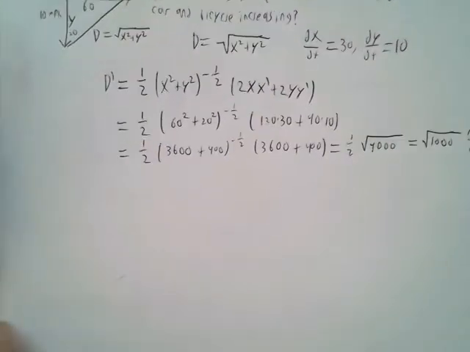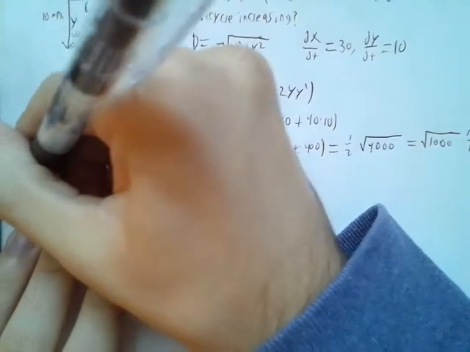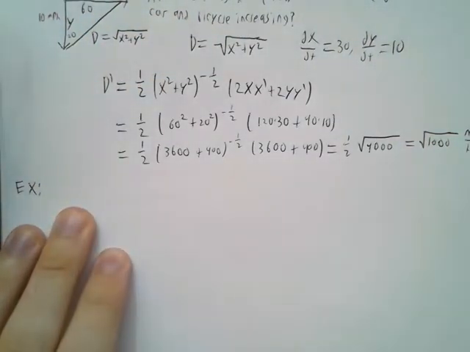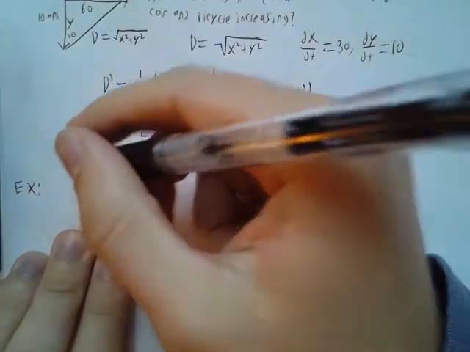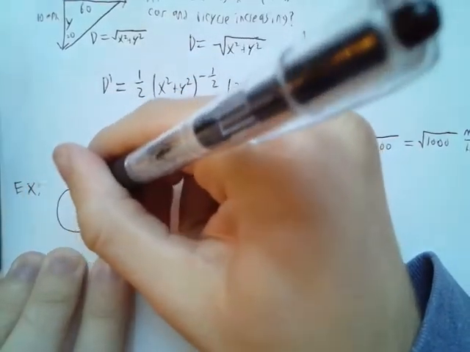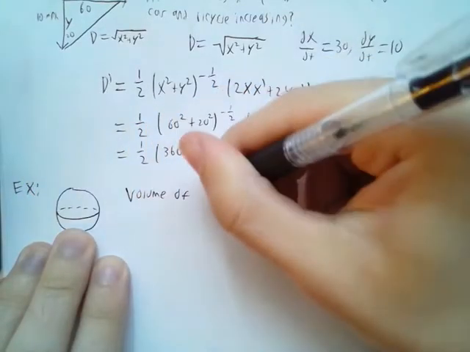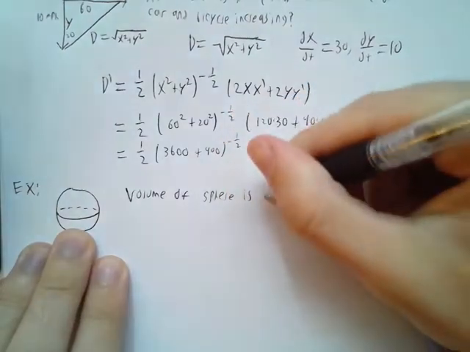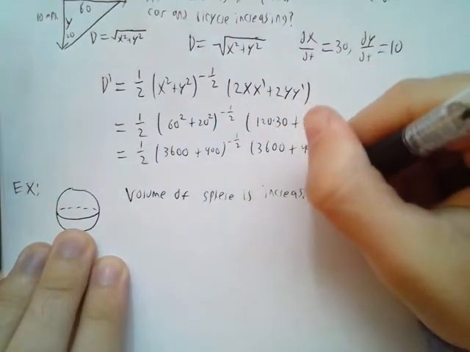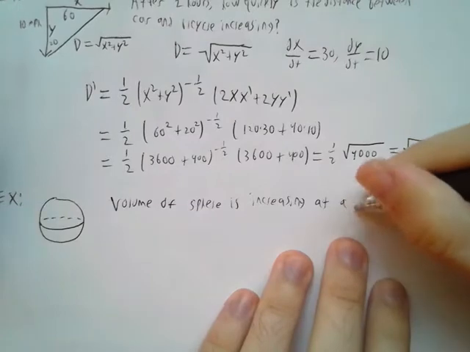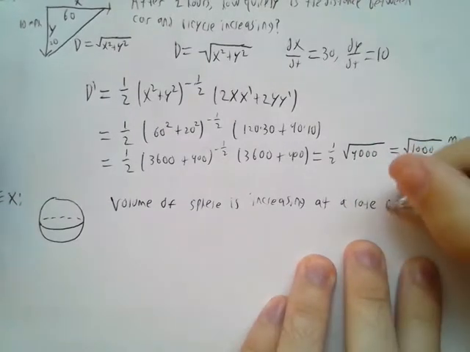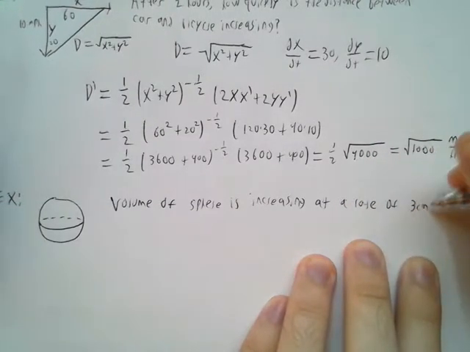I'm planning to go through one more in this video of a slightly different type. So let's suppose that we have a sphere. Air is getting blown into the sphere at a certain rate. So the volume of the sphere is increasing at a rate of 3 centimeters cubed per second.